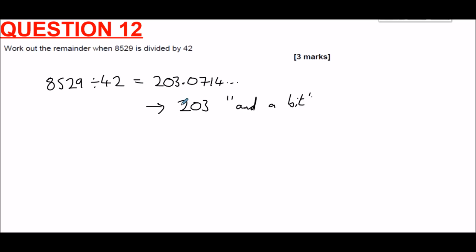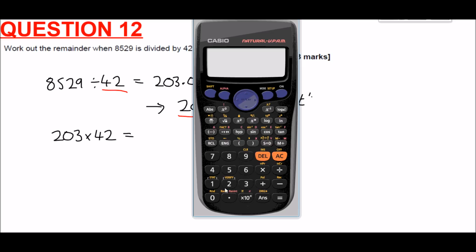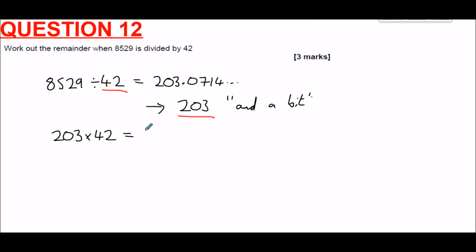And so what we can do, because 203 42s fit inside 8529, we could work out what 203 multiplied by 42 is. So 203 multiplied by 42 is 8526. The remainder just means what's left.